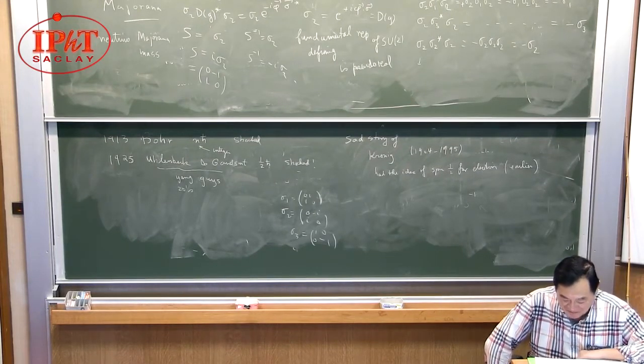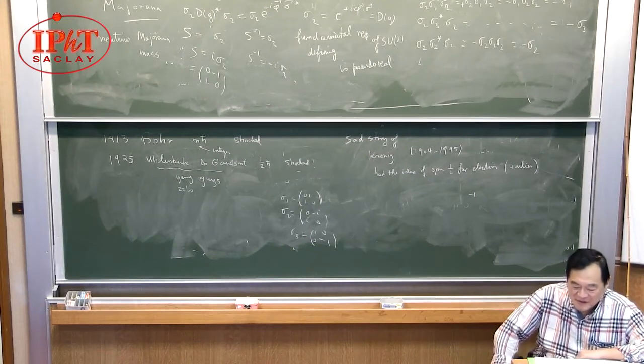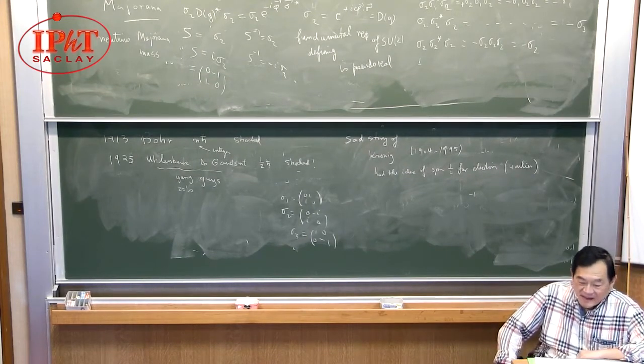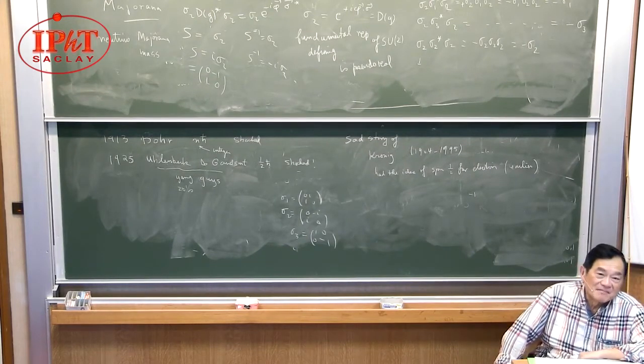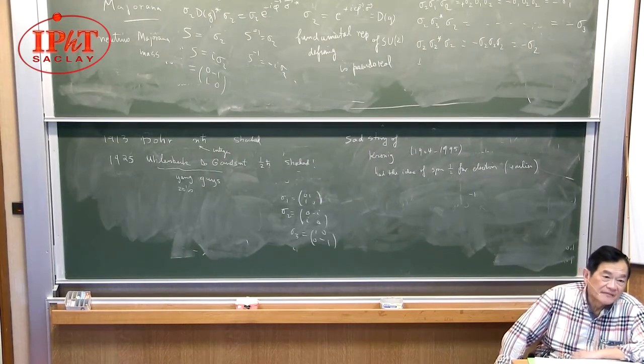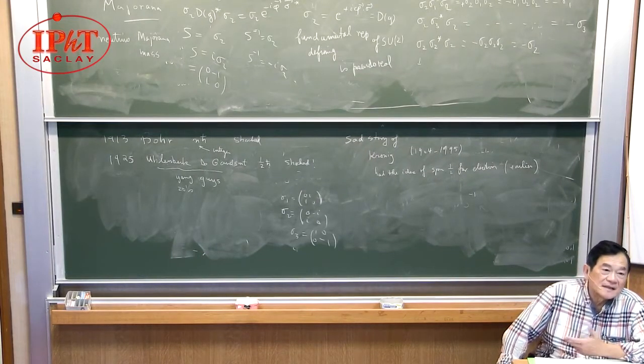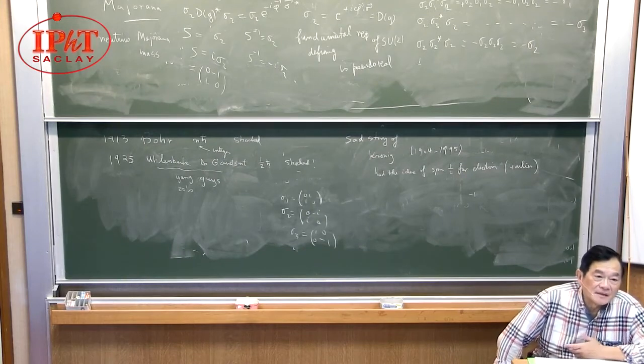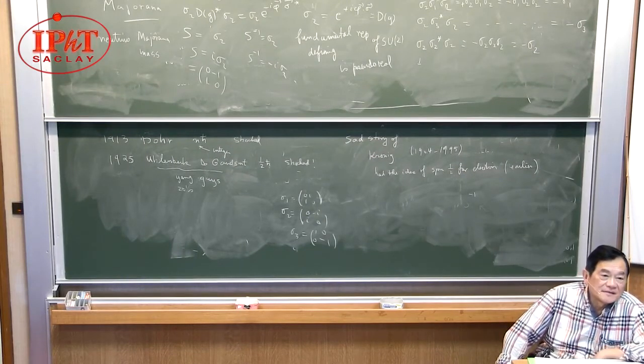Okay, so in fact, the interesting thing is that after Uhlenbeck and Goudsmit submitted their papers, they ran into Kronig. And they told Kronig about their ideas about spin half for the electron. And Kronig said, I have the same idea, but Pauli told me not to publish because the surface is moving faster than the speed of light.